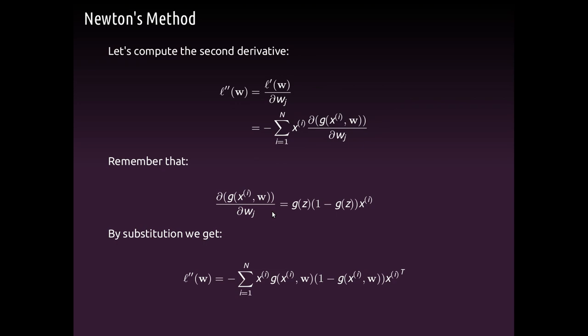So now when we substitute this value within the second derivative of our log likelihood function, we will get that the second derivative equals minus summation of x super i multiplied by g of x super i and w multiplied by 1 minus g of x super i and w multiplied by x super i transpose.